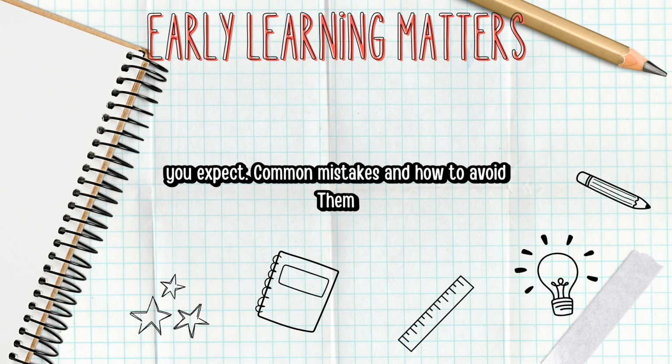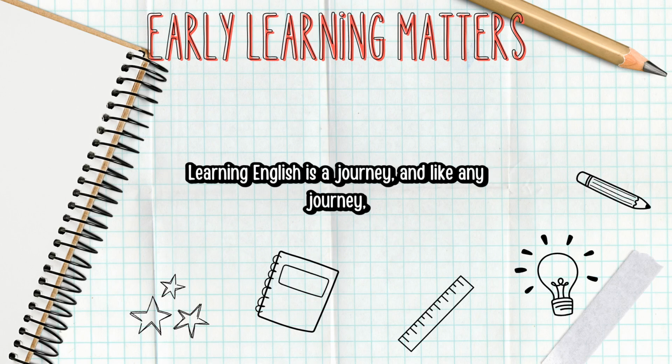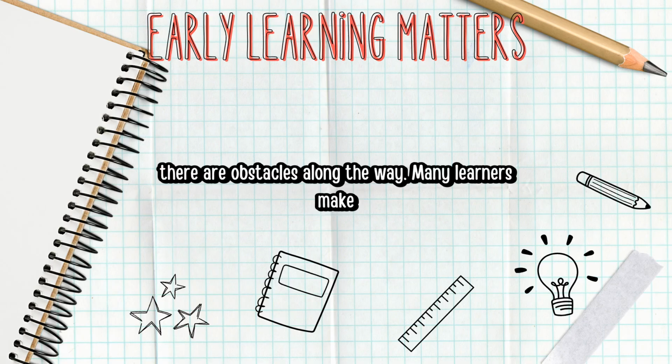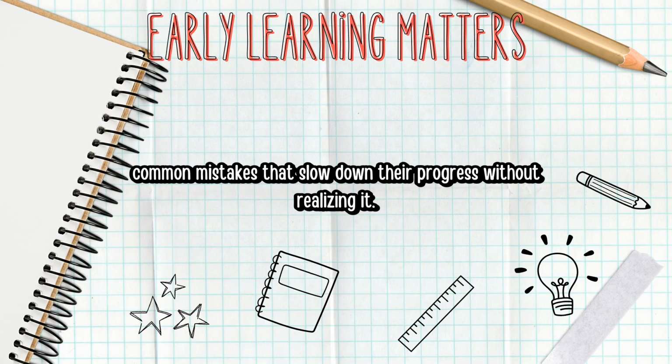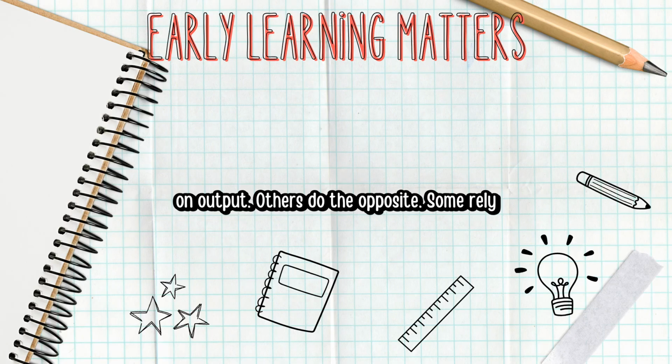Common mistakes and how to avoid them. Learning English is a journey, and like any journey, there are obstacles along the way. Many learners make common mistakes that slow down their progress without realizing it. Some people focus too much on input and not enough on output. Others do the opposite.